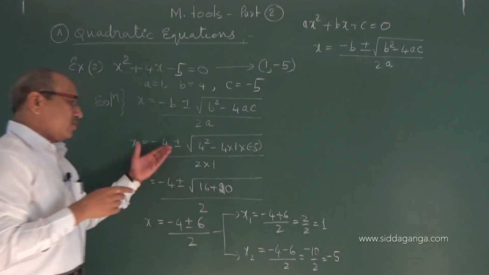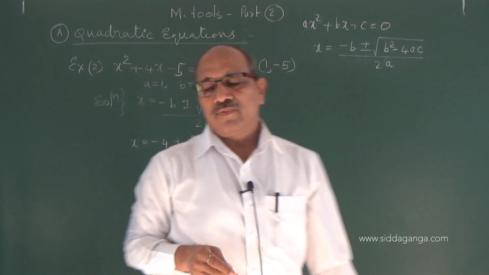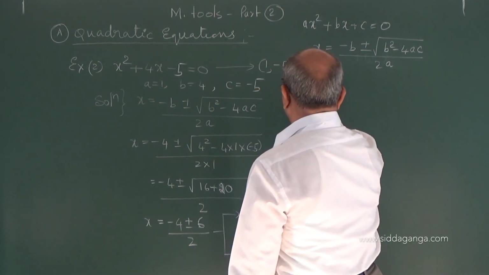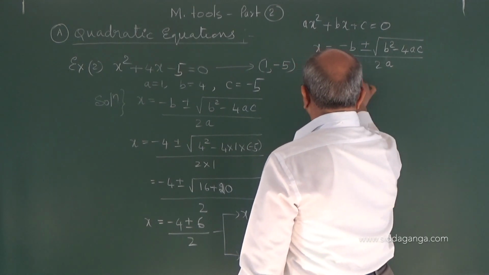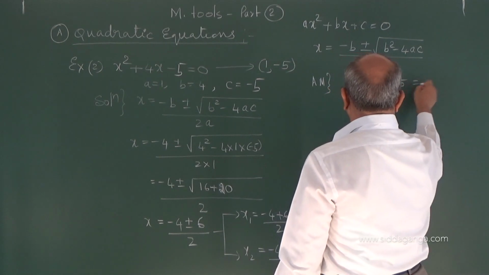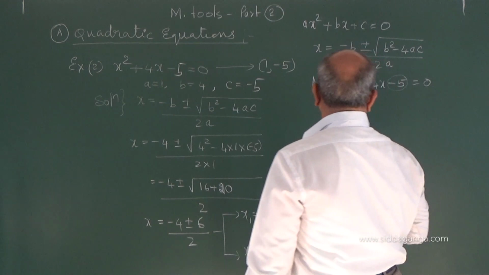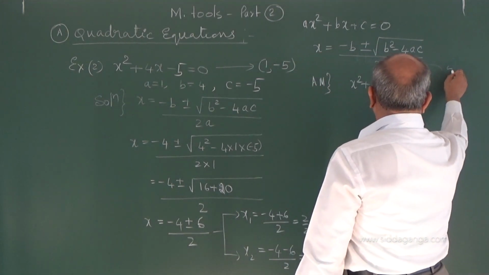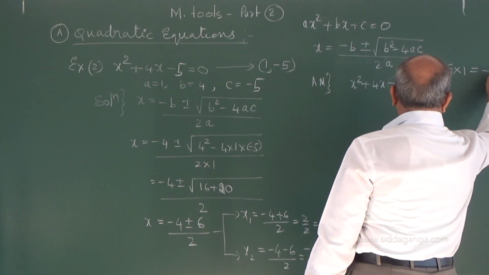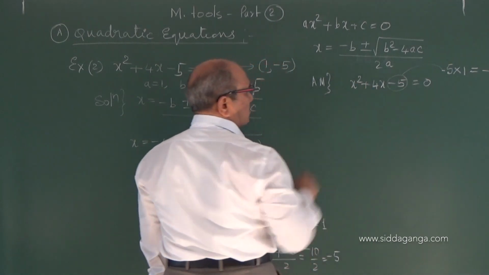The one method you have, and an alternate method also you have used. So when you see this equation, x² + 4x − 5 = 0, the alternate method: when you take the product 5 into 1 equal to −5, it has to be negative, but here it is plus.